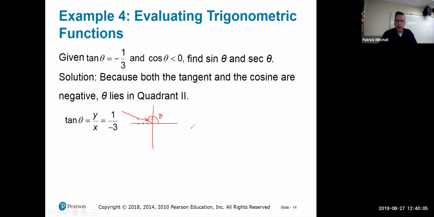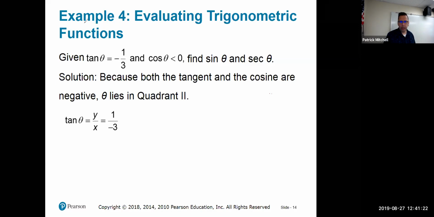We are definitely not talking about the point 1, -3. That also comes out to -1/3. But if y was -1 and x was 3, then we'd be talking about the point 3, -1, and that would be over here in quadrant 4. So I know I want to attach the negative sign to the 3 and not to the 1.